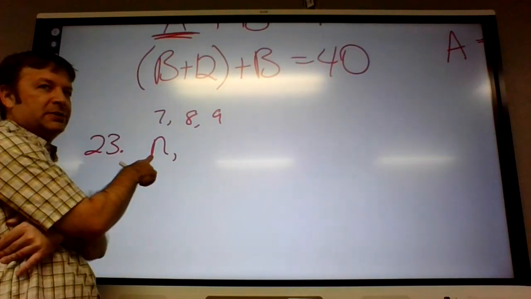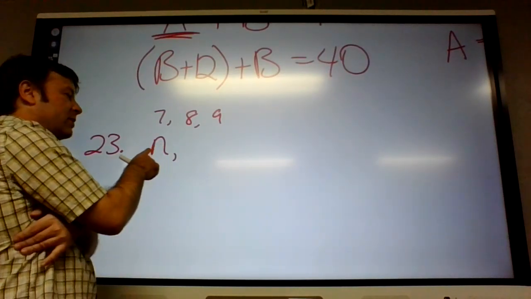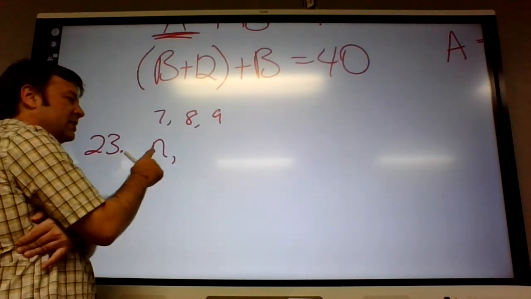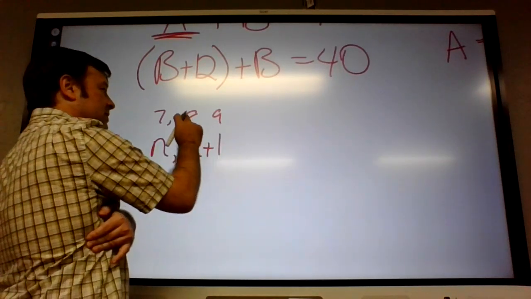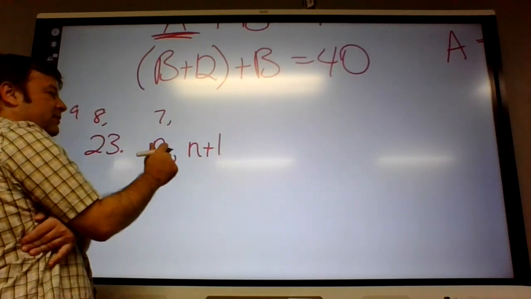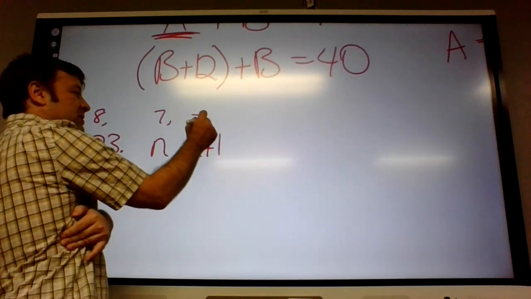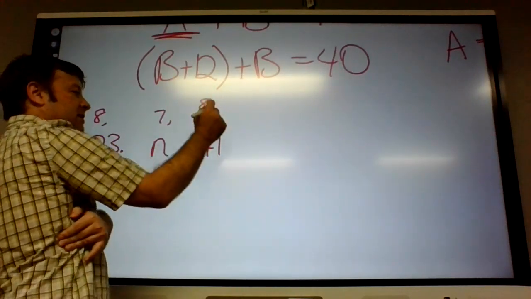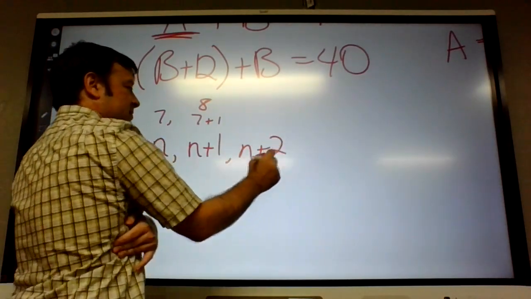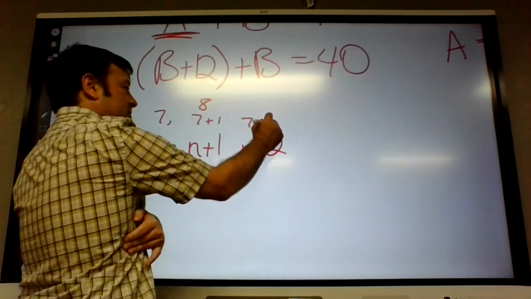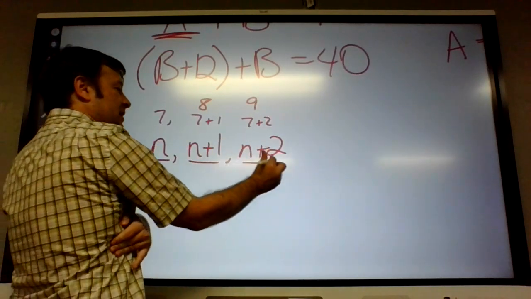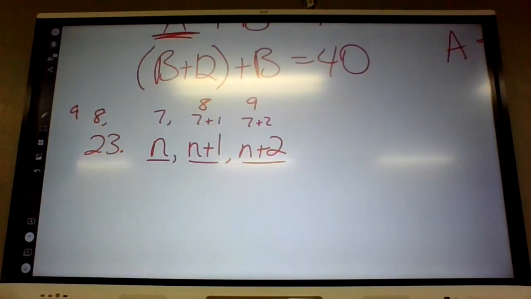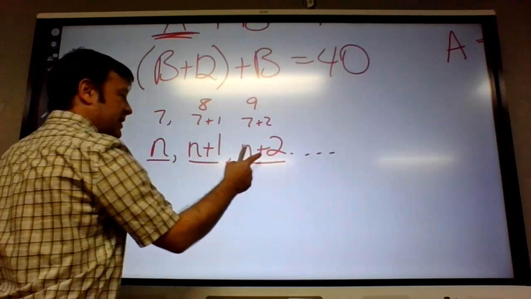It's one bigger. So if we call the first integer n, the next one we could call n plus 1. Because let's say n was 7, then this one would be 7 plus 1, which is 8. And the next one after that would be 7 plus 2, which is 9. So this is how you write consecutive integers. And they ask for 3 of them. It could keep going, but they only ask for 3.